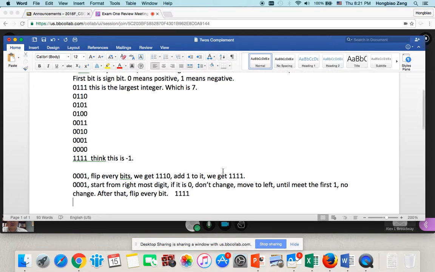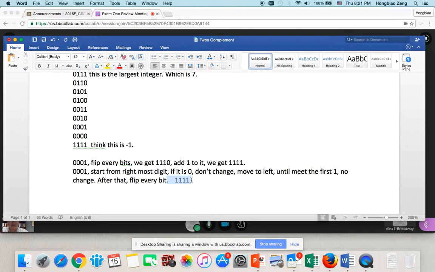The same thing applies the other way: if I have a value like 1111, I want to know what its value is. First, I look at the first digit, the leftmost bit. It is 1, so I know it's negative. If it's negative, I use two's complement to find its positive value.